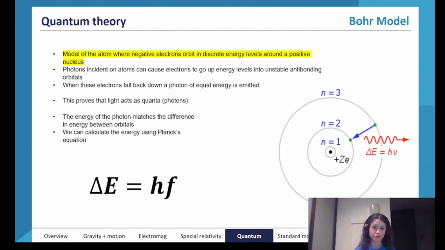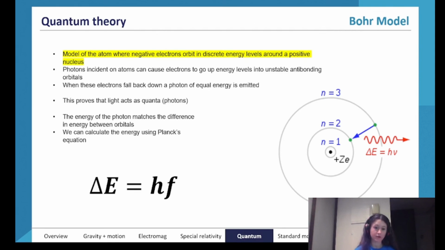When the electrons fall back down to lower energy levels closer to the nucleus, then a photon of equal energy is going to be emitted. This model proves that light can also act in discrete quantities, photons. The energy of the photon is going to match the difference in energy between the orbitals.